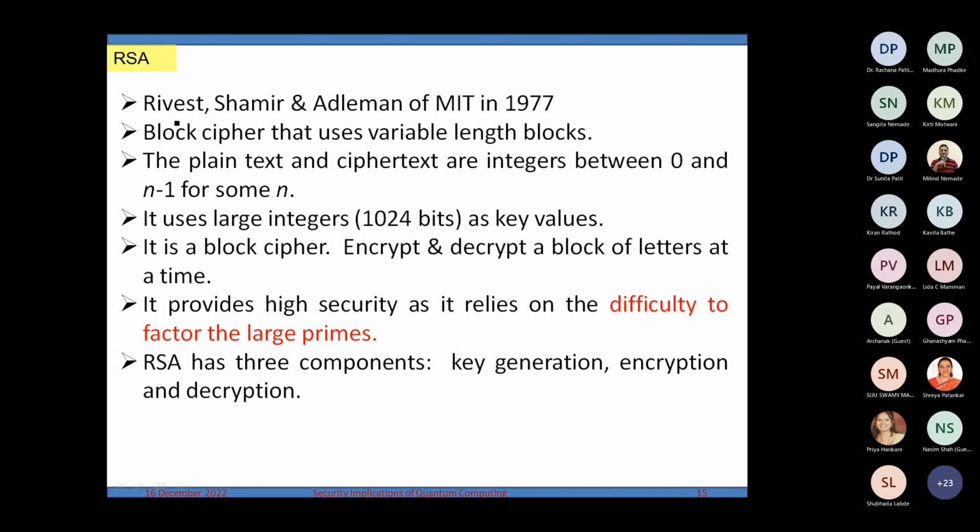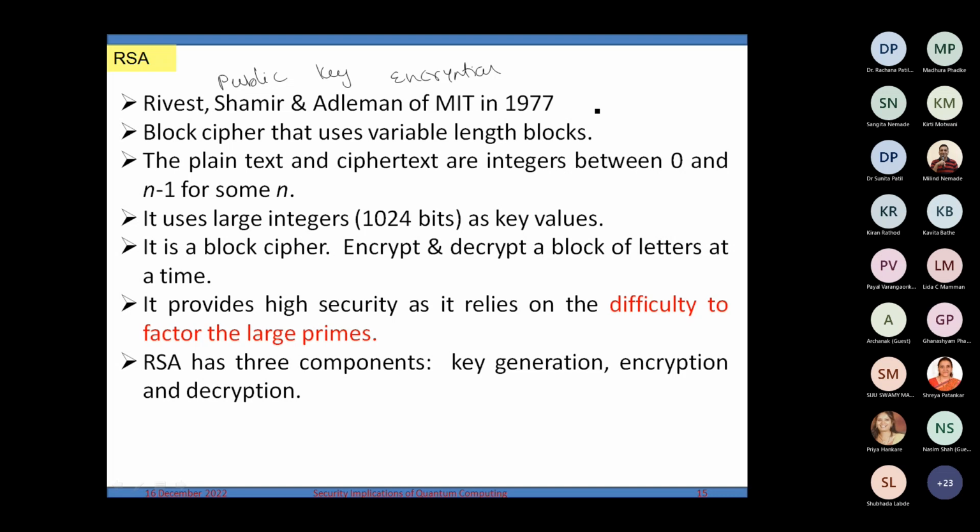RSA is a popular public key encryption algorithm. It was proposed in 1977 by three famous security professionals, Rivest, Shamir, and Adleman.